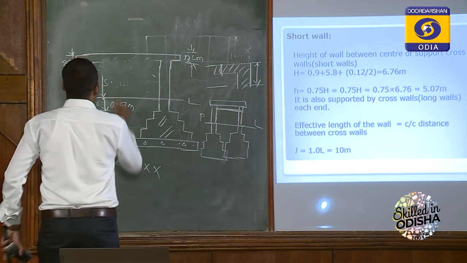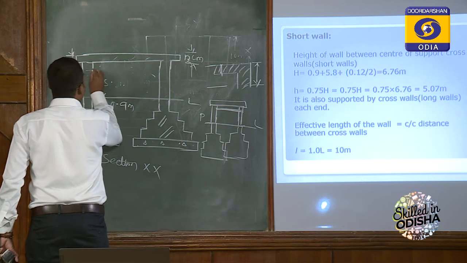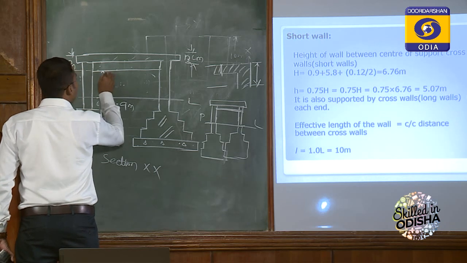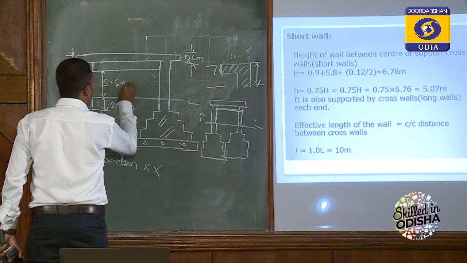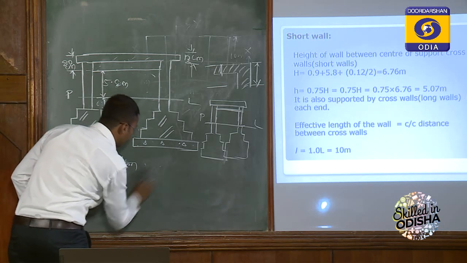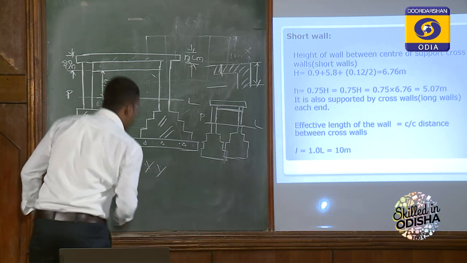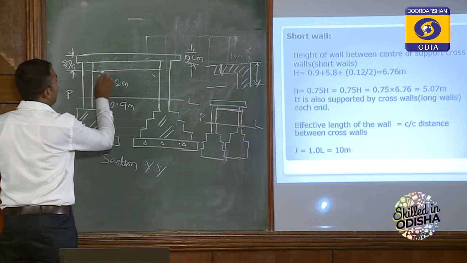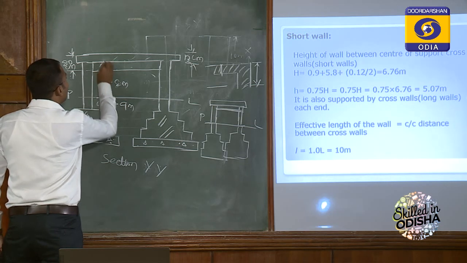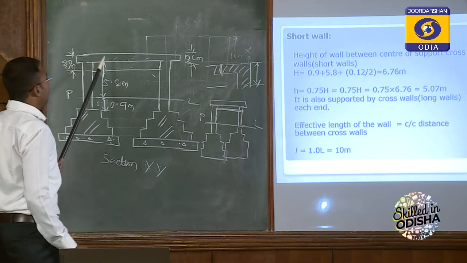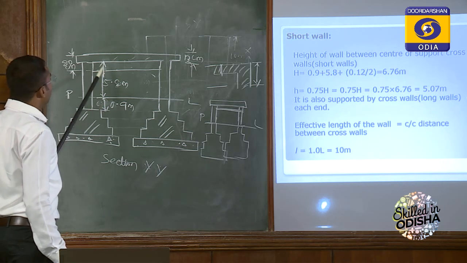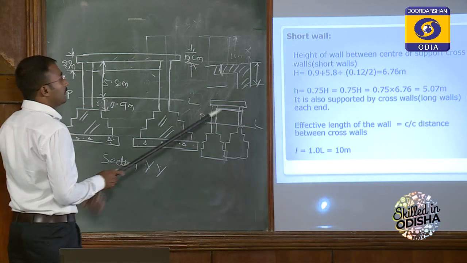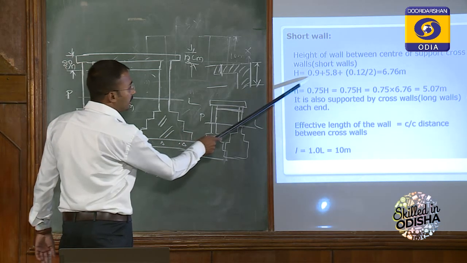If I draw section YY, this is the T-beam. Section YY, and you can see here, this is 5.8 meter from the plinth level to the bottom of the slab, and 12 centimeter is the slab thickness. So see here how to calculate the height h.